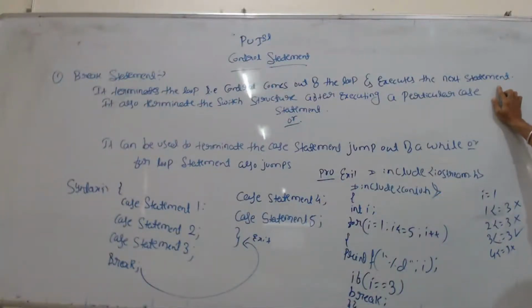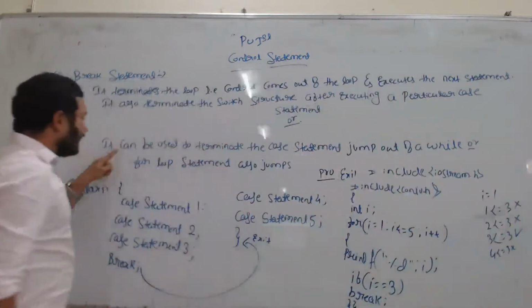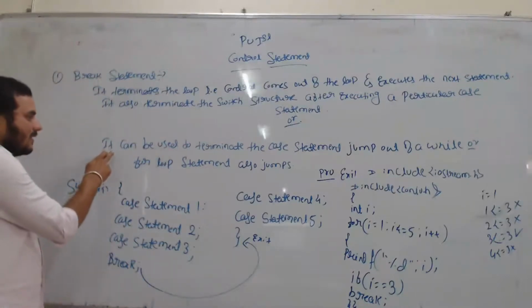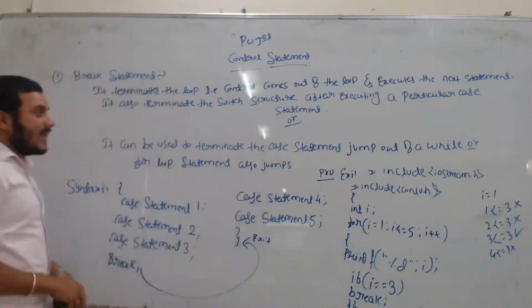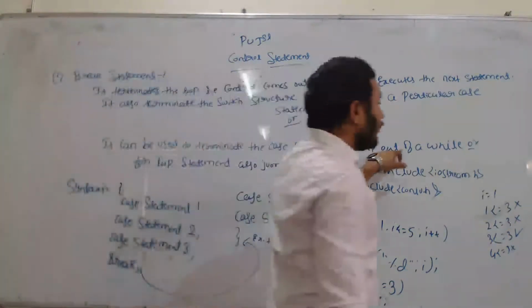It also terminates the switch structure after executing a particular case. It can be used to terminate the case statement. It can be used to jump out of a loop.